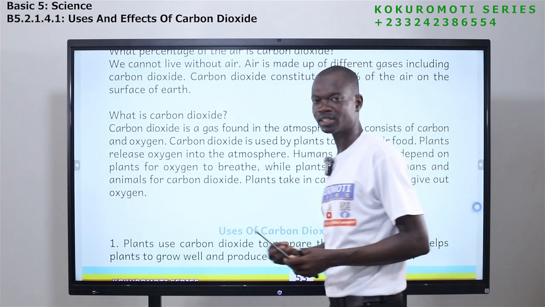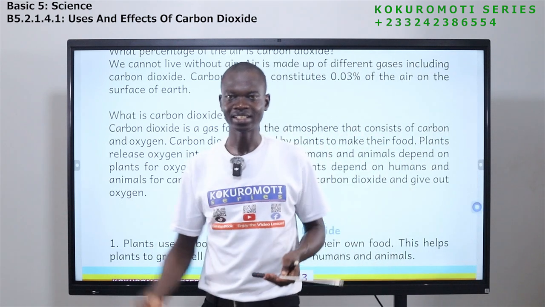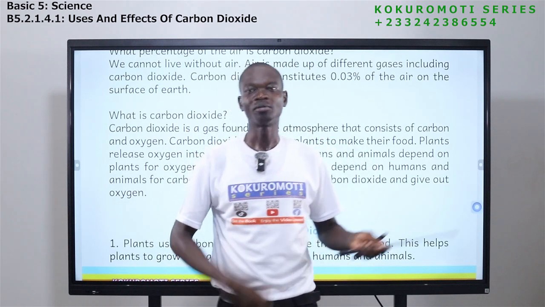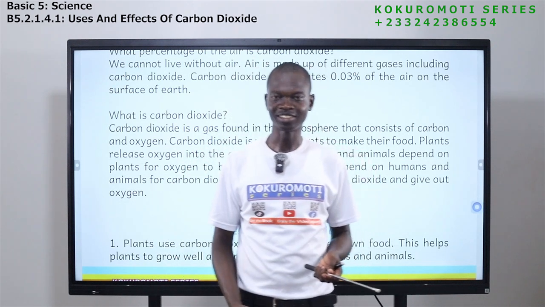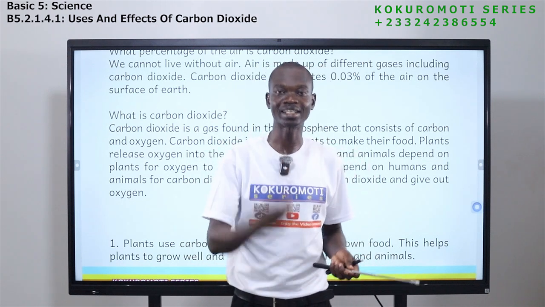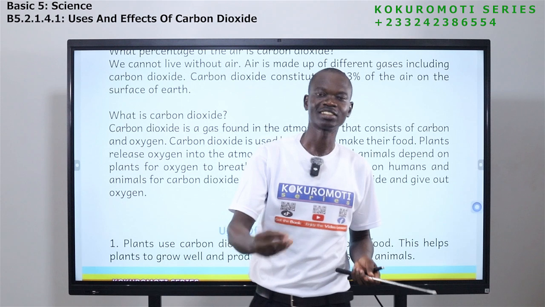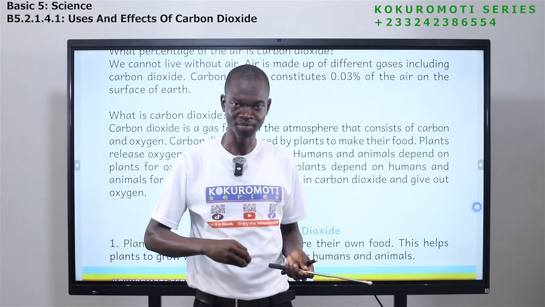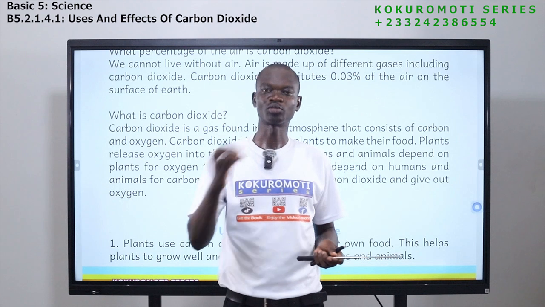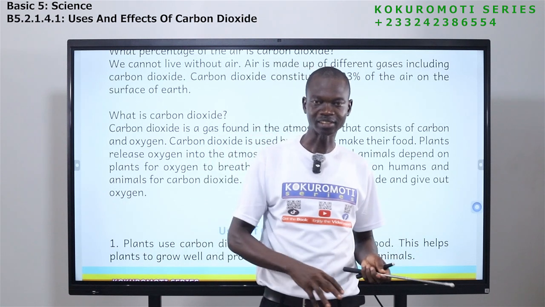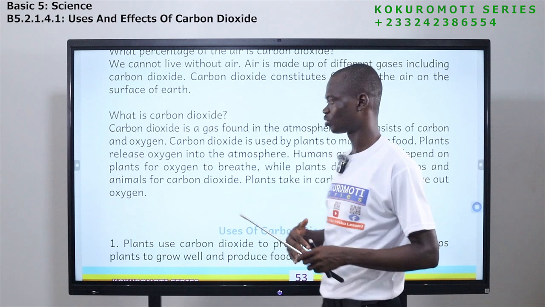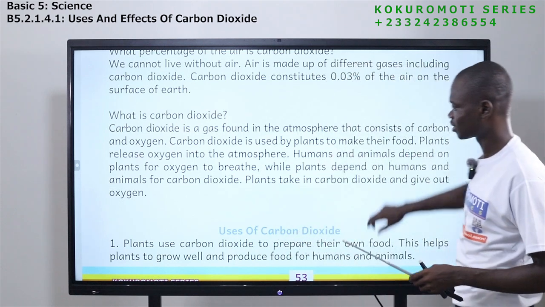Human beings take in oxygen and give out carbon dioxide. The oxygen that plants give out is what we breathe in, and the carbon dioxide we give out is what plants take in. So we depend on them, they also depend on us.